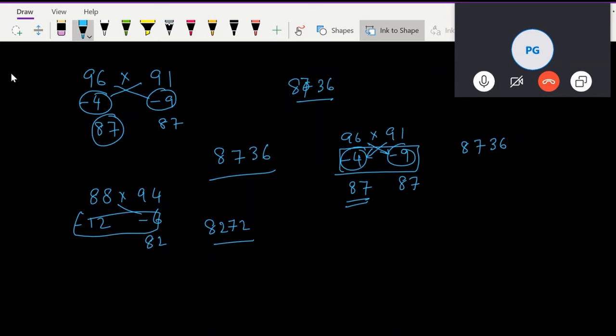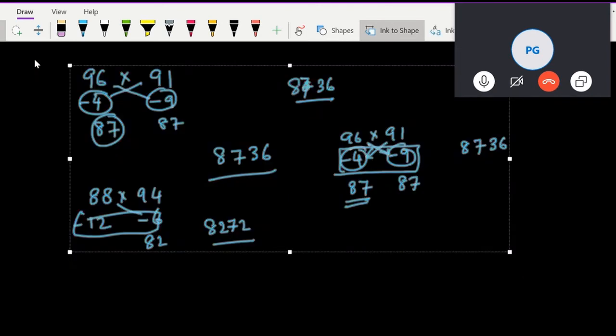Okay. We can also do this with numbers which are greater than 100 also. I just showed you less than 100. We can try it with numbers greater than 100. So let's say I have 102 into 109. Right? So same logic applies. What is the difference from 100? So from 100 this is plus 2 and this is plus 9. Right? So I just do a cross addition.